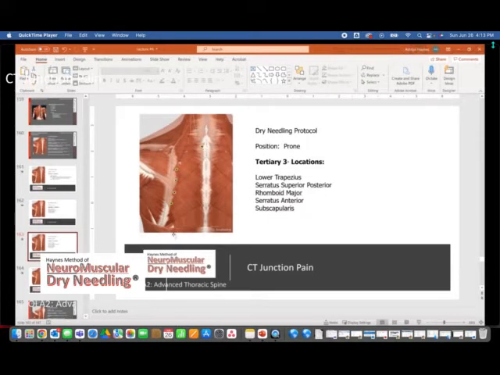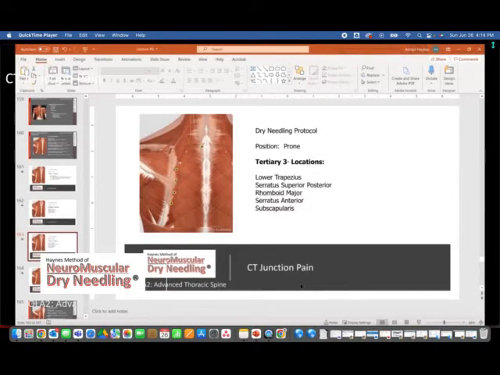But here, the lower trapezius, which we'll catch down really low, the serratus posterior superior, rhomboid major, which we'll catch right here, and then serratus anterior and subscap will be needled from the posterior aspect onto the anterior surface of the scapula.